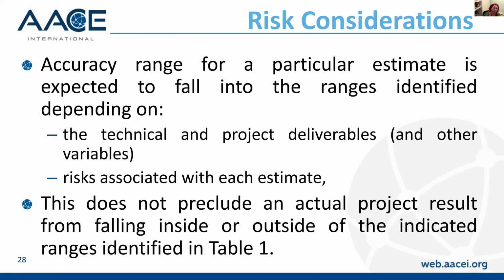If we are talking about unique or remote natures of locations or the conditions or the availability of the reference data for those things, then again, we'll have a wider range of accuracy. The complexity of the project and the execution of that project, the quality of the reference information for your cost estimate, and the quality of your assumptions used in preparing the estimate, as well as the experience and skill of the estimator.